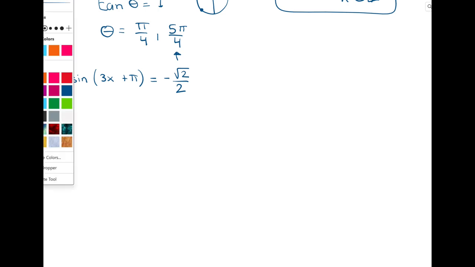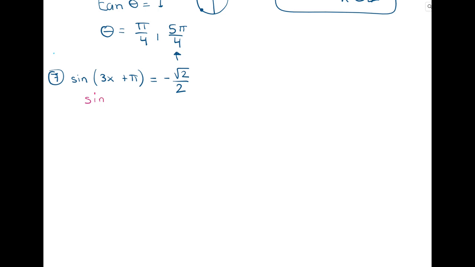I need you to think about that like this will be sine of beta, right? Think about 3x plus pi to be just a big old angle, and so we have a sine of some kind of angle that's equal to negative root 2 over 2. So you want to ask yourself, what kind of angle gives me a sine of negative root 2 over 2? Well, the sine is going to be negative in quadrant 3 and 4, and the negative root 2 over 2, those are the 45s, the over 4s.